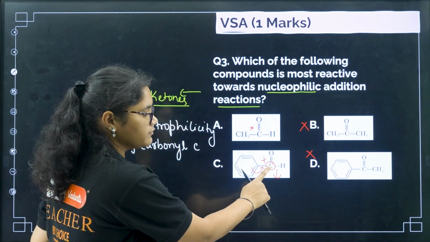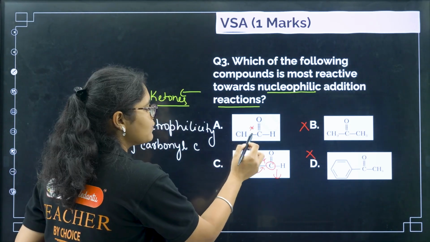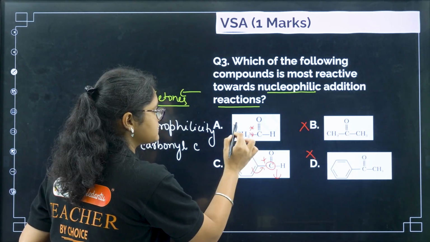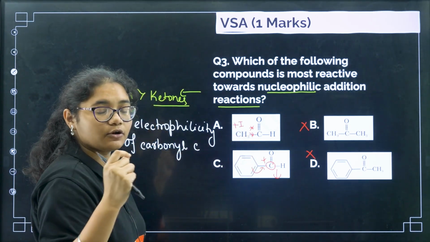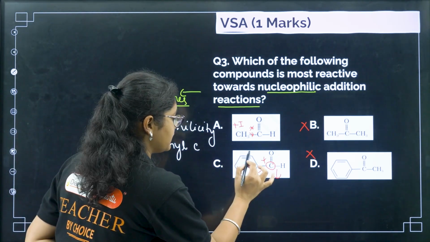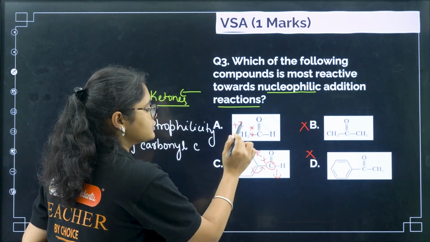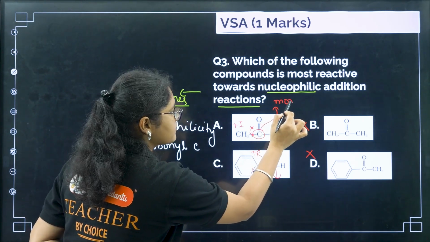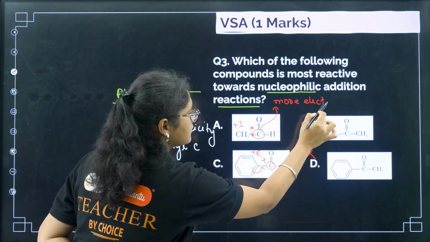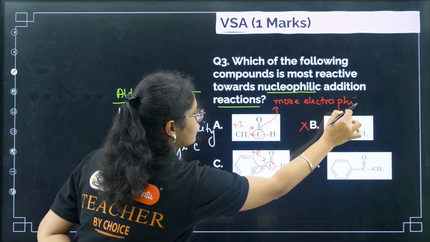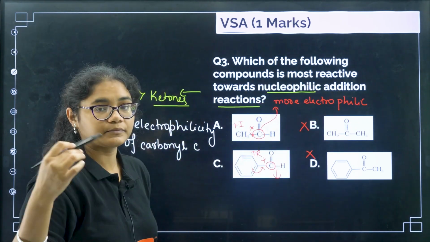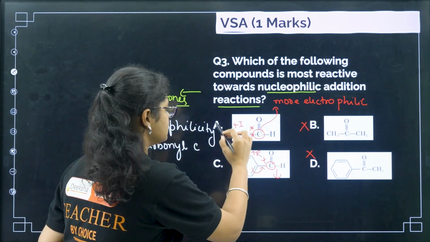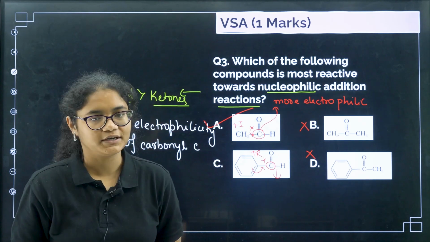But here, it donates, no doubt, but it donates by plus I effect, which is not a very strong effect as compared to plus R effect. So that is why this carbon is more electrophilic. Okay. So, it will be more prone to nucleophilic reactions. So, the correct answer for this question will be option number A.